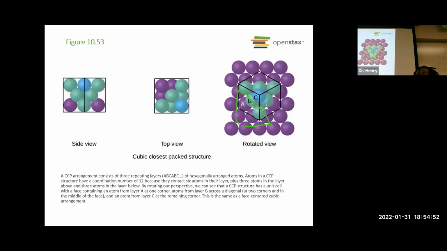Okay, so it can get even more complicated than what we have here. This is a cubic close packed structure, or CCP arrangement. It has layers of organization, organized ABC, ABC, ABC, and this is an octagonal shape.